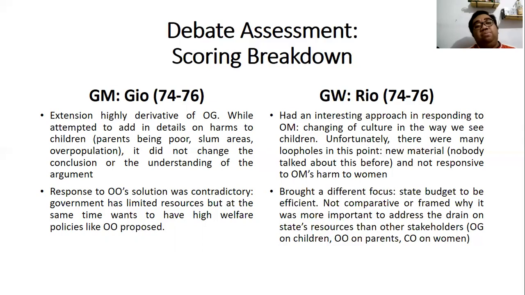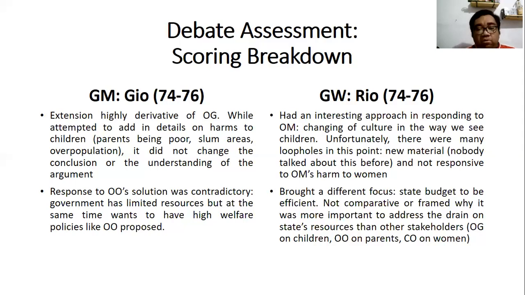So what's the first reason? The second is in terms of the response. The response to OO solution was contradictory. The government member said that government has limited resources, but at the same time, they also want to have high welfare policies like OO proposed, like basically saying that we're going to have these things like in complementary and things like that.